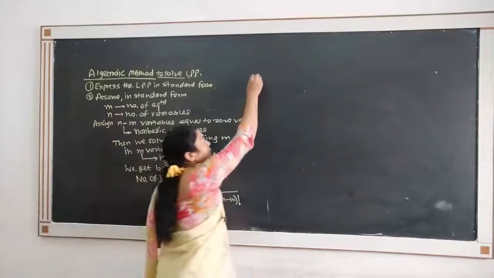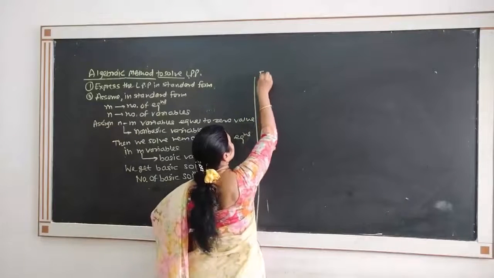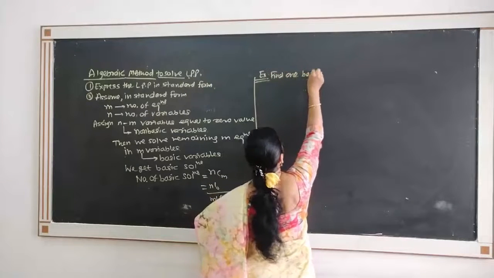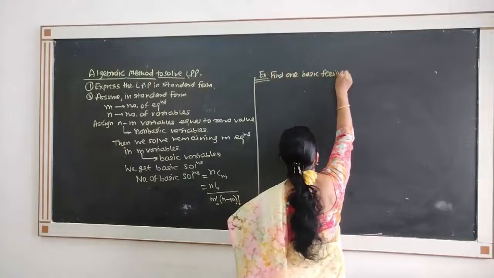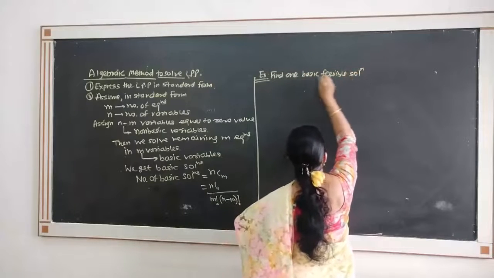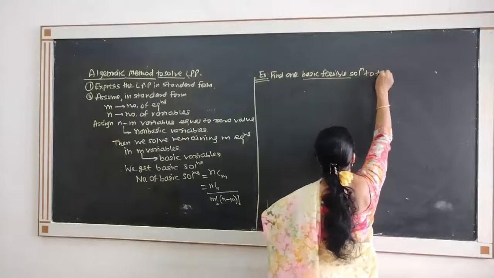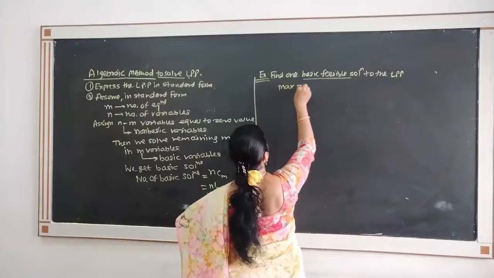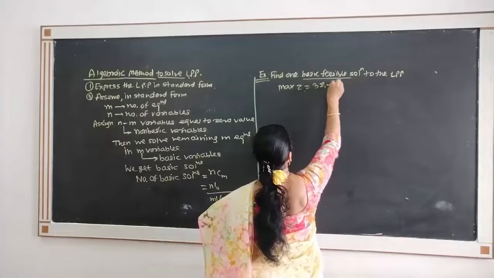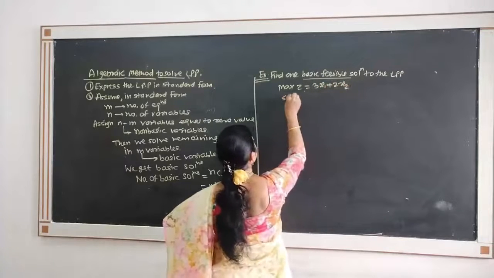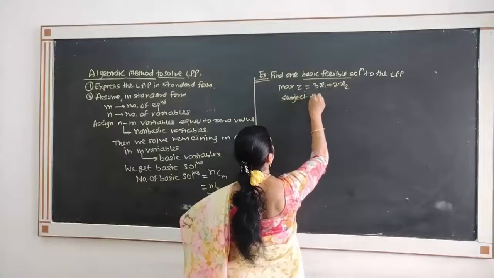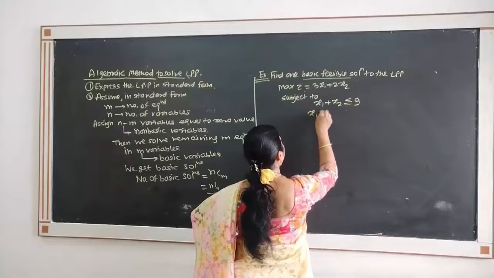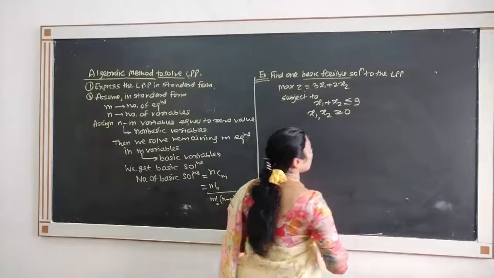For example, suppose we want to find one basic feasible solution. Maximize z equal to 3x1 plus 2x2 subject to constraints x1 plus x2 less than or equal to 9, and x1, x2 greater than or equal to 0.